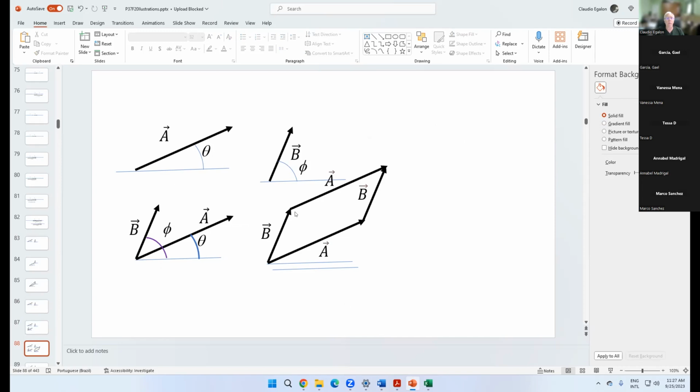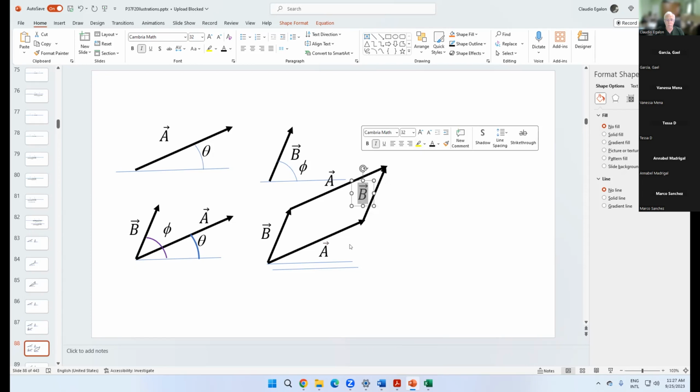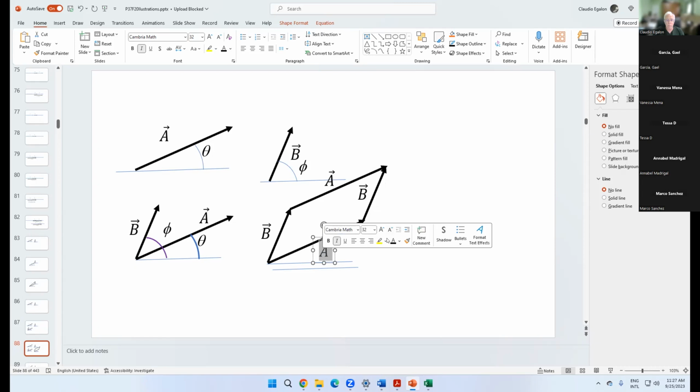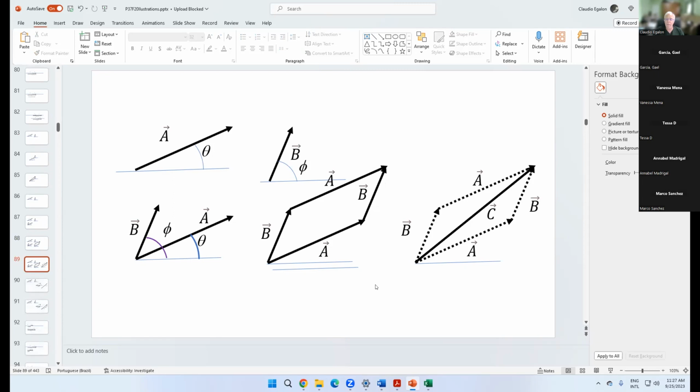We make a parallelogram out of those two vectors. And then what do we do next? We connect this corner of the parallelogram to the other corner. Here you go. That's what we have right now.